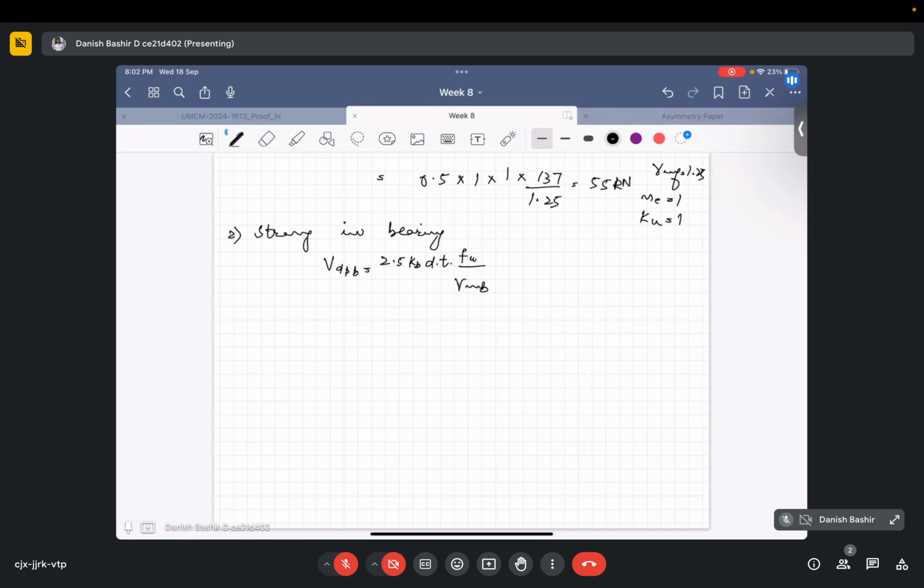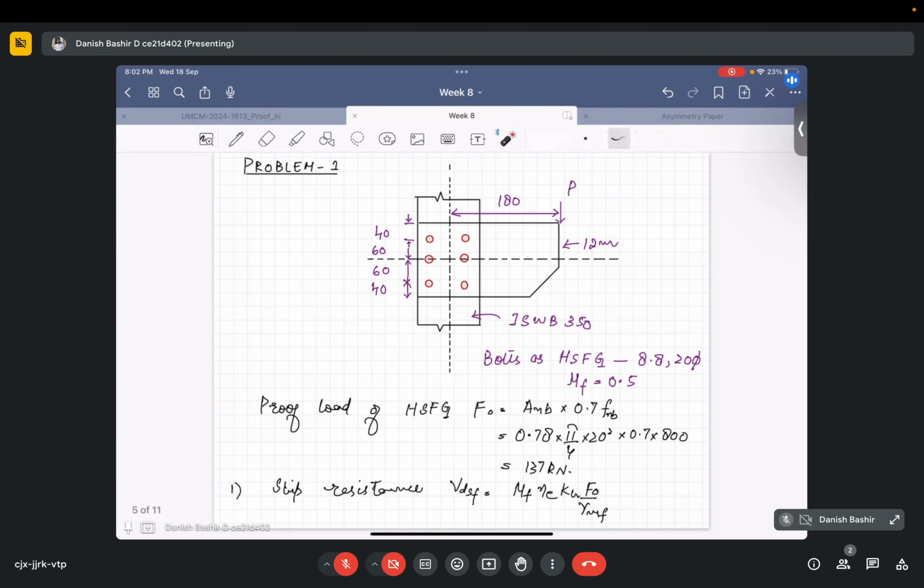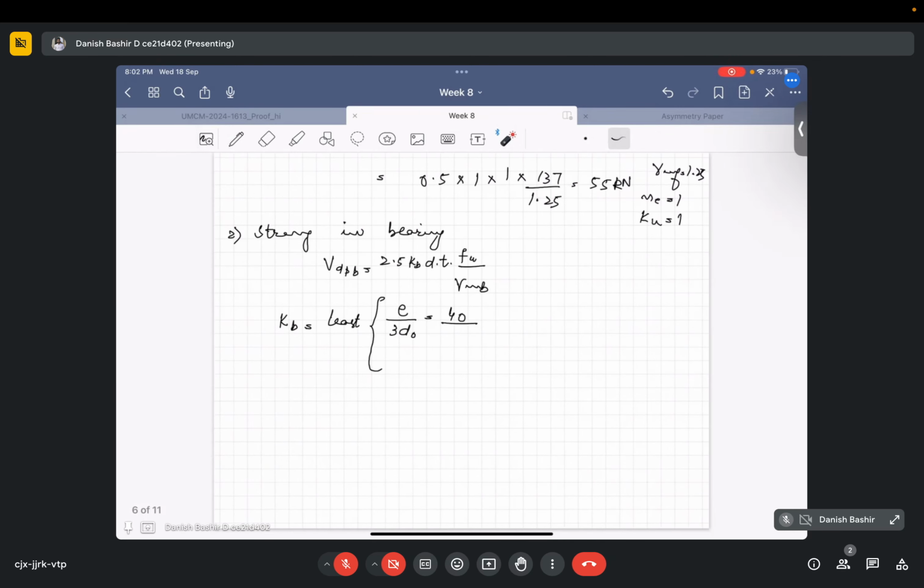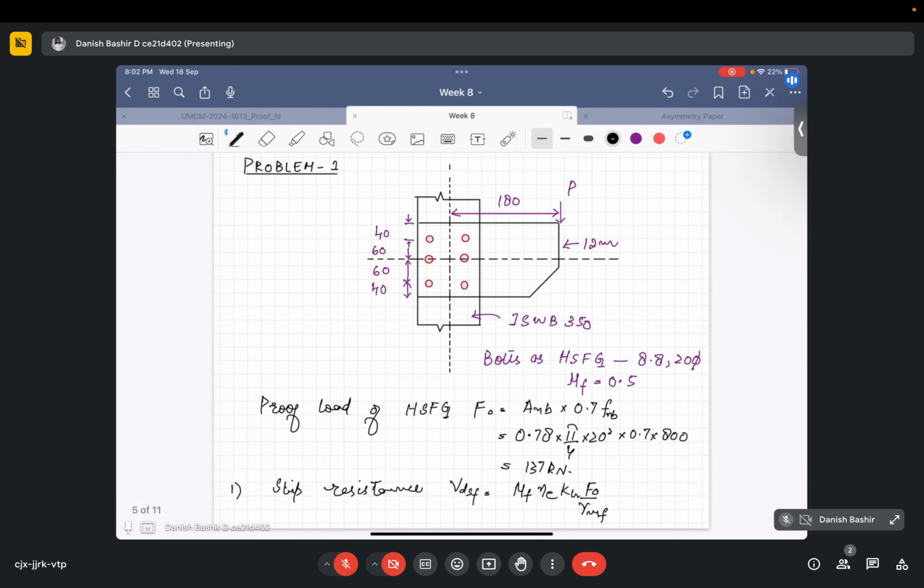Now kb is a factor which is equal to the least of these quantities. The end distance divided by 3 times the hole diameter, that is 40 divided by 3 times 22. We are giving a diameter of 20 mm and taking clearance of 1 mm on each side, so we get the hole diameter as 22.